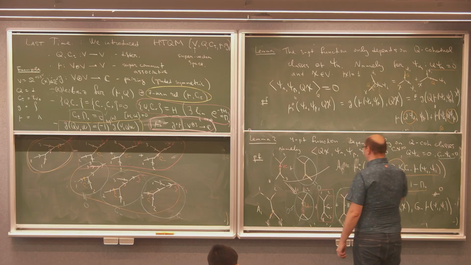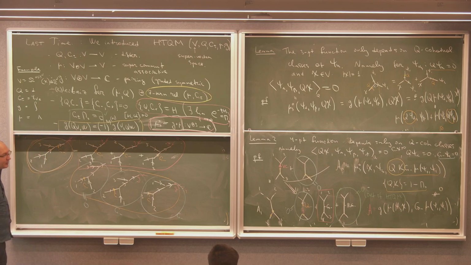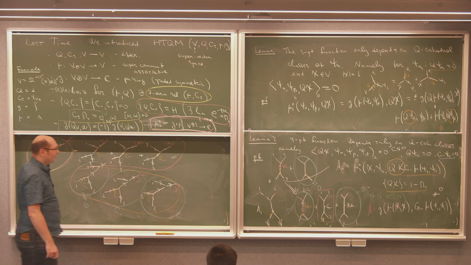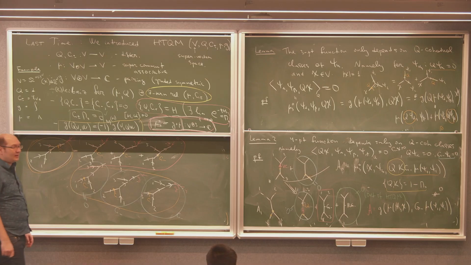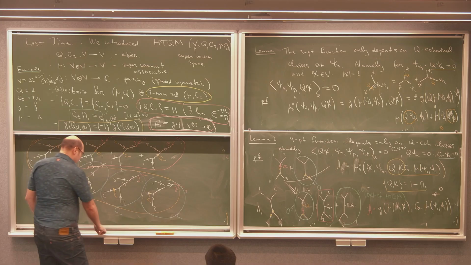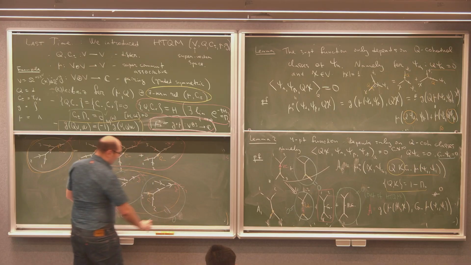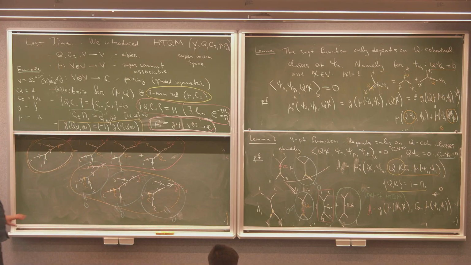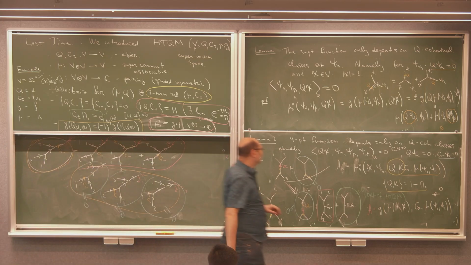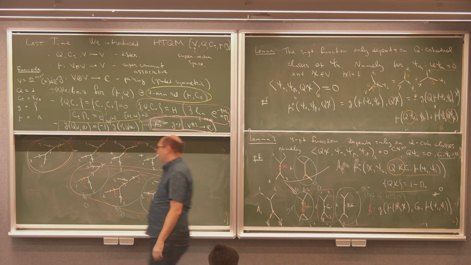We also assume that here we are shifted by a Q-exact state of a state that is G minus closed, because among these states, in principle, we can encounter chi. So we can encounter either psi or chi. But all of them vanish because G minus acts on one of the external states, and by assumption, all five possible external states, like four psi and chi, are G minus closed.